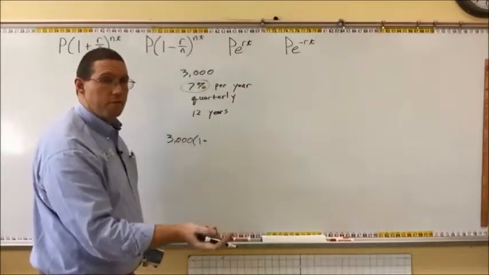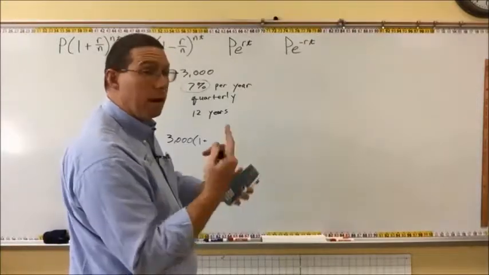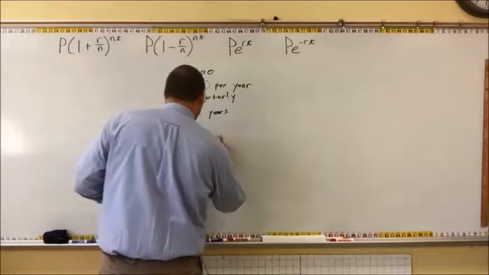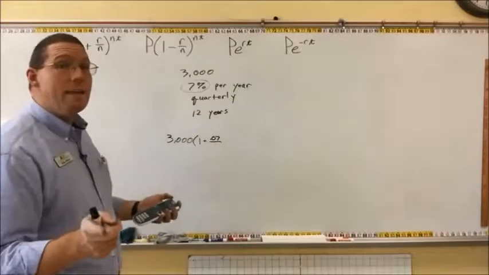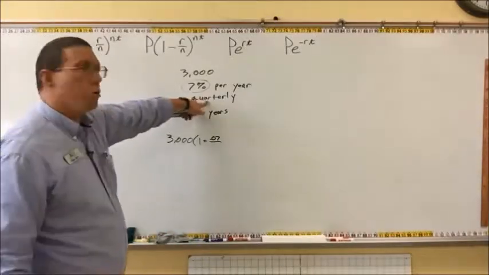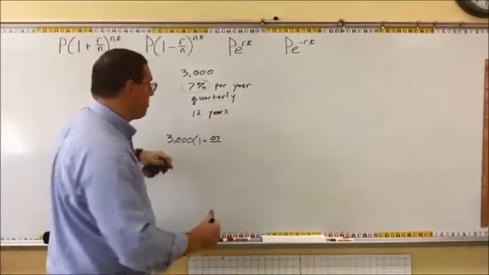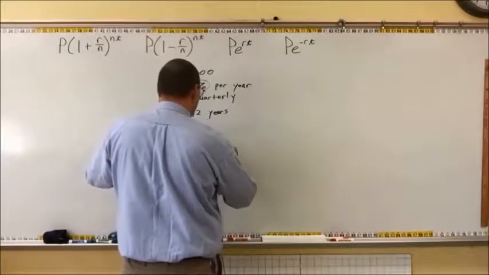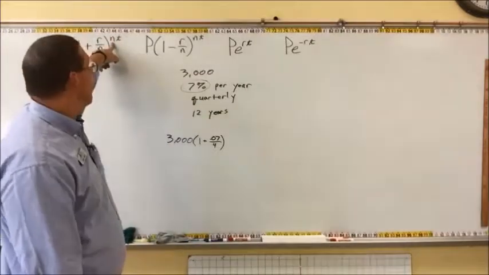But we have to turn 7% into a decimal. So I'm going to do 7 divided by 100, and I get 0.07. So 0.07 divided by N. N is how many times does it grow in a year? Well, it's growing quarterly. How many times in a year does quarterly happen? That's 4 times a year. So I'm going to put a 4 here, close the parenthesis, to the power of N times T.